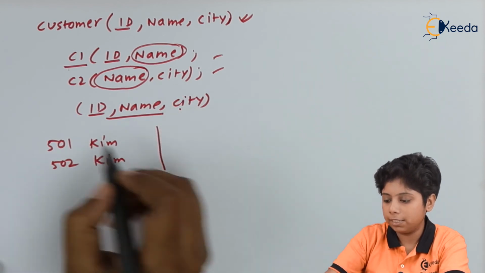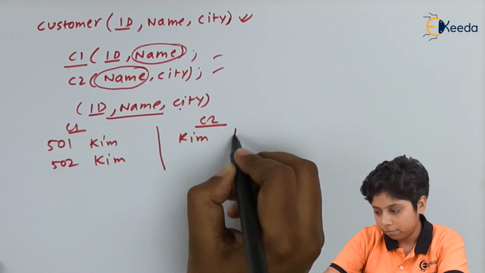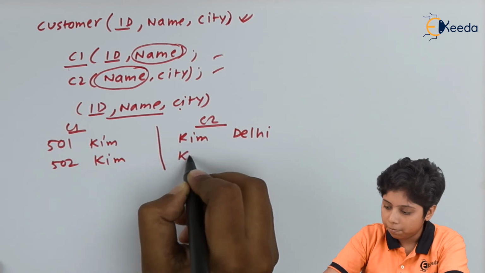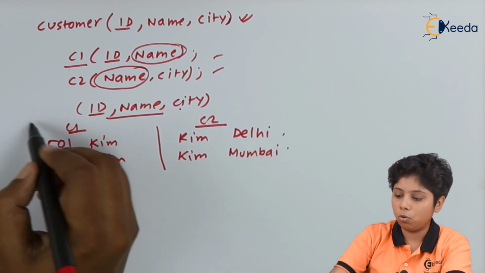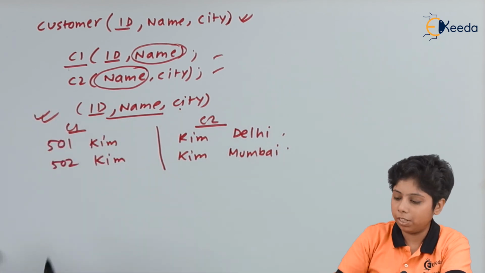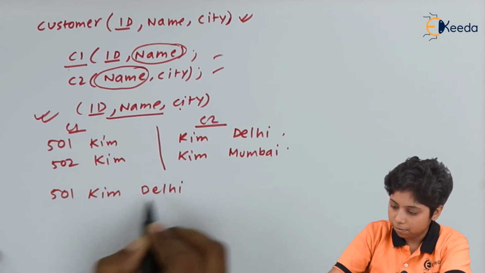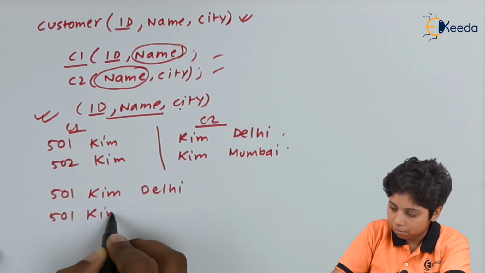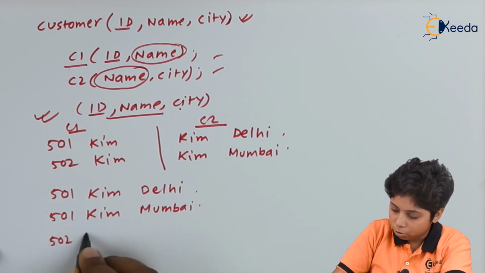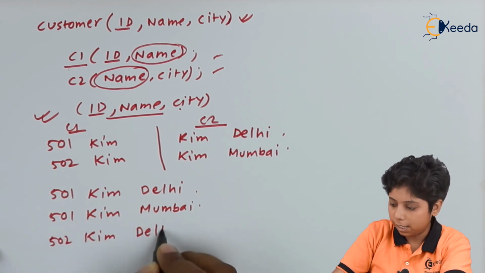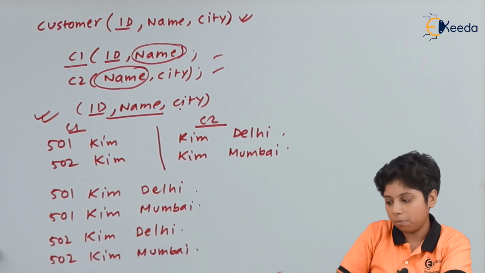Now as C2 will have Kim, Delhi, Kim, Mumbai, my combination or the natural join will have 501 Kim, Delhi, 501 Kim, Mumbai, 502 Kim, Delhi, 502 Kim, Mumbai.